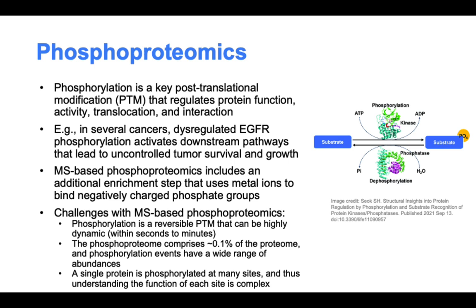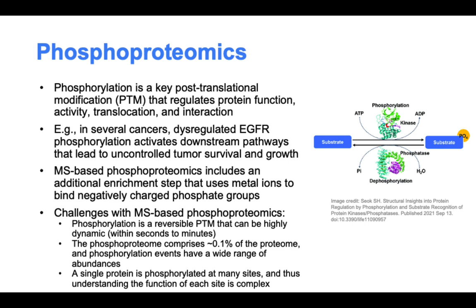And it may be the case that the same kinase carries out both those reactions. So a kinase and a phosphatase are not necessarily two different enzymes. But phosphorylation is super important for a lot of cell signaling mechanisms. A very prominent example is in cancer.